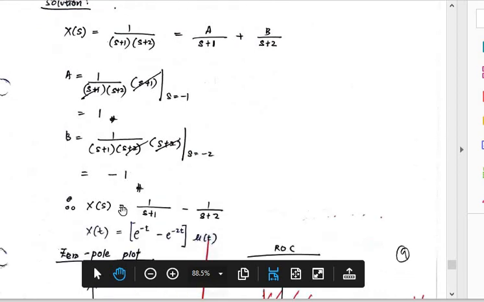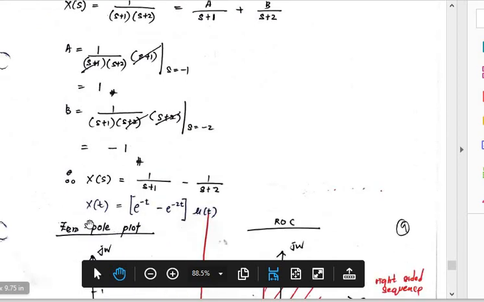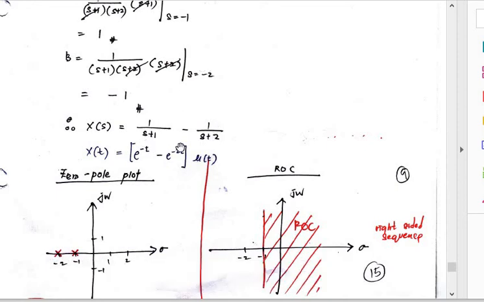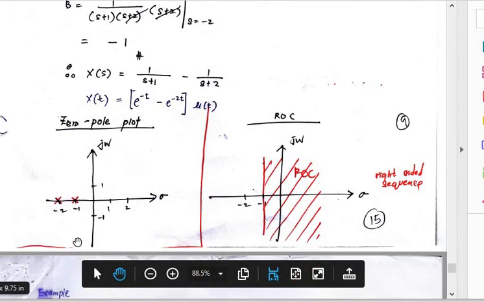A is 1, B is minus 1, and then we get the zero-pole plot, that is s equal to negative 1 and s equal to negative 2. Our ROC should be to the right of the rightmost pole, because it's a u(t).